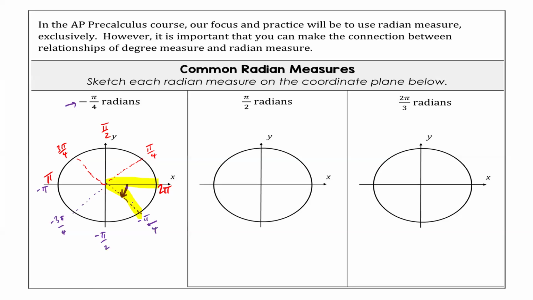Your initial side is always the positive x-axis. So this is our theta, which equals negative pi over 4. Okay? So if you literally think of 2 pi as a giant pie, you're slicing it into parts to figure out the pieces.